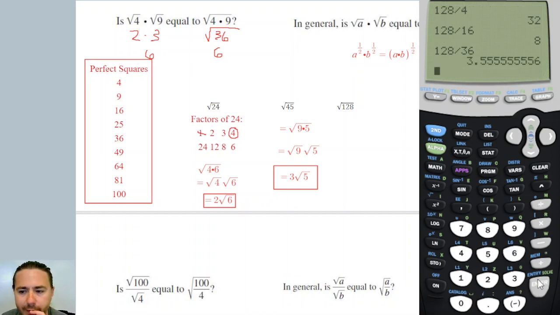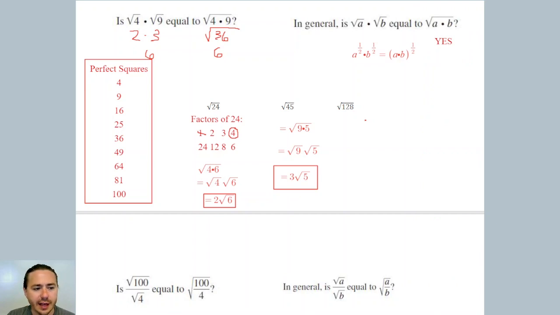Nope, that one didn't work. How about 16? Maybe I went too far. 128 over 16. I think that might be it. Wait, no, we already tried that. What about 64? Oh, goodness. Yeah, obviously. 64 is going to be our winner here.